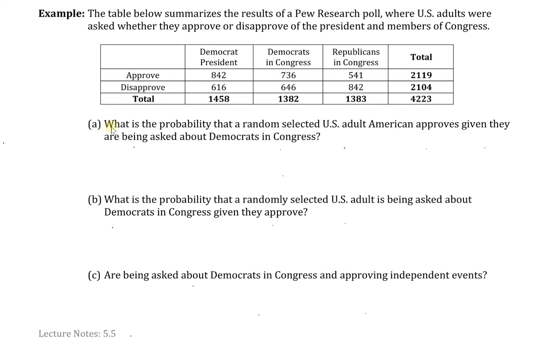In this table, we are summarizing the results of a Pew Research poll where U.S. adults were asked whether they approve or disapprove of the President and the members of Congress. It is also broken down by whether they are asked about Democrat presidents, Democrats in Congress, or Republicans in Congress.